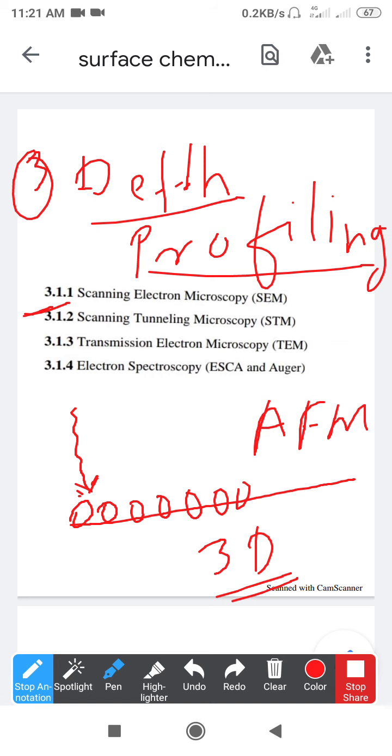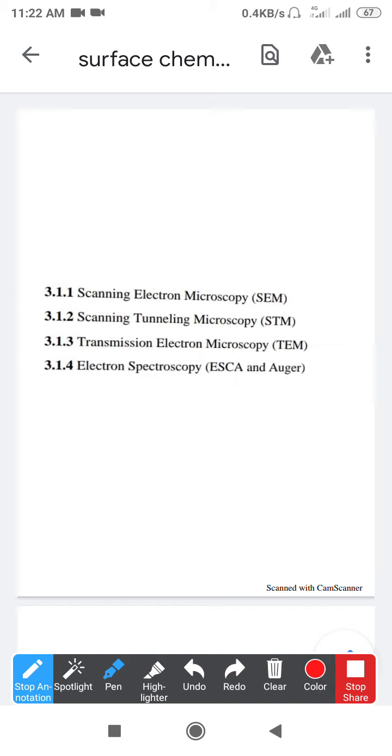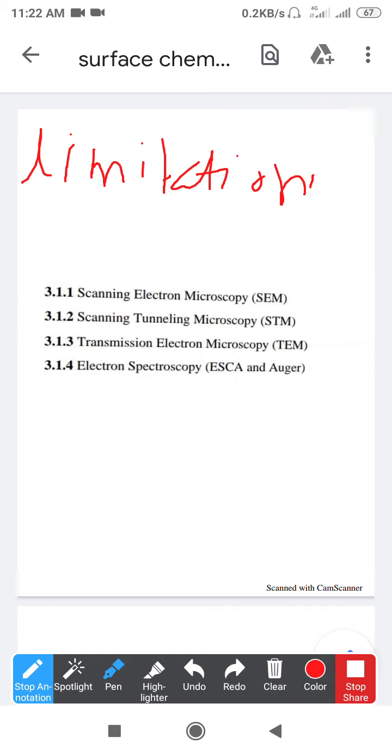Already we have seen that there are some limitations for every technique. So what are the limitations or difficulties involved in the analysis of solids? The first basic important limitation is that if we are going to analyze a solid surface which gets contaminated by other impurities, obviously we are going to get wrong results, because that contaminant is not the target material of interest.